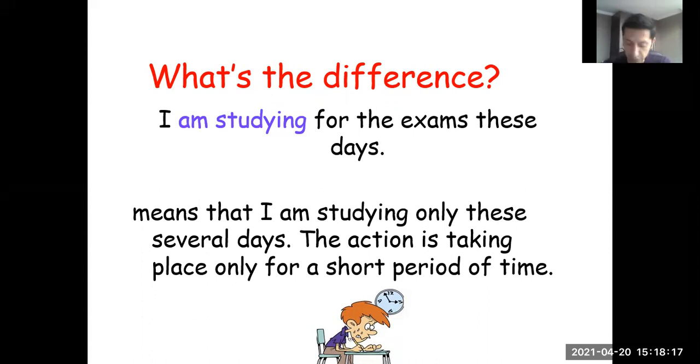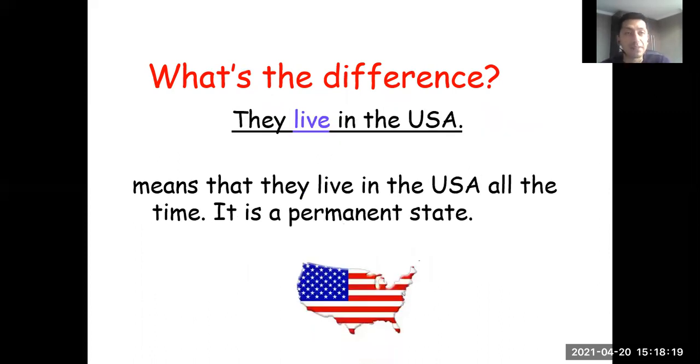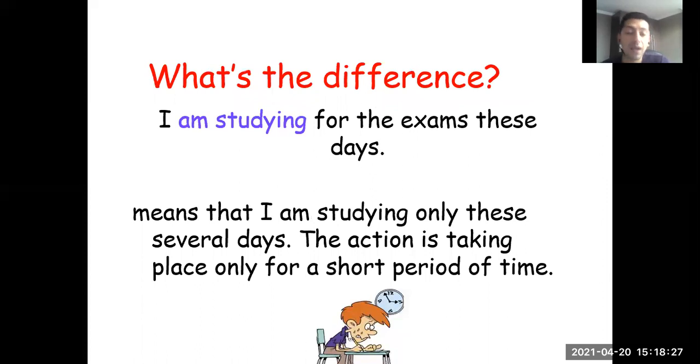The one is used for expressing a permanent state, something that is common, something that is usual, and I'm using present continuous to say something that is happening momentarily, okay? Something that is temporary, that happens only for a short period.